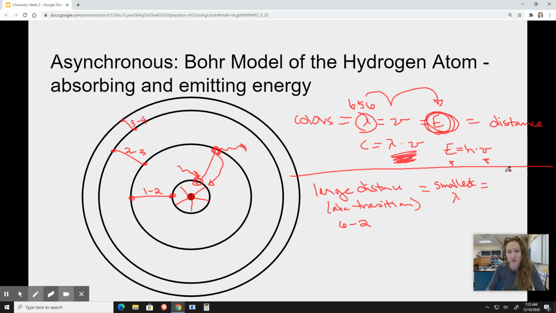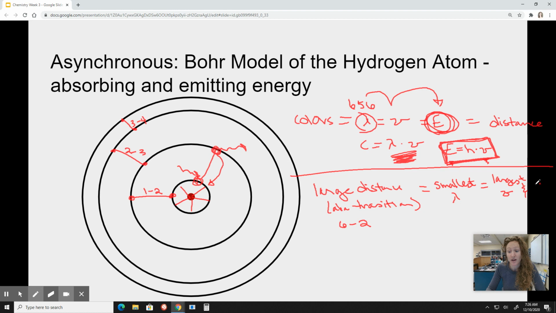And so violet is going to have the largest frequency. Notice here, frequency and energy are directly related. So as frequency goes up, energy also goes up.